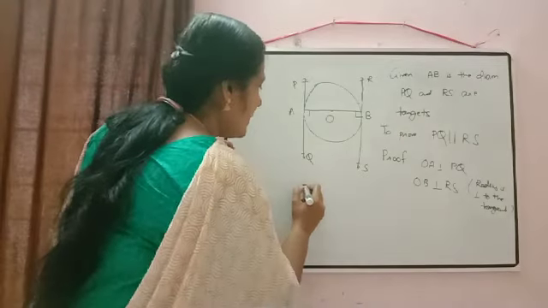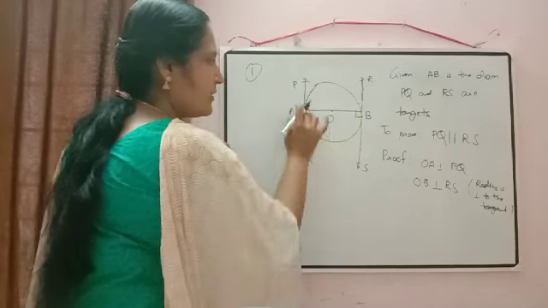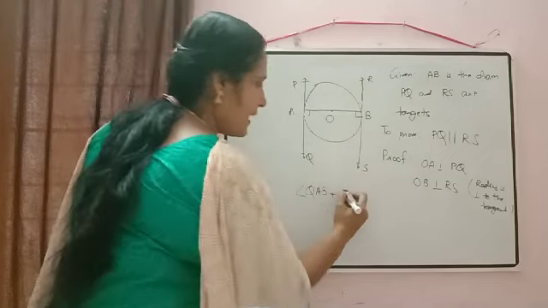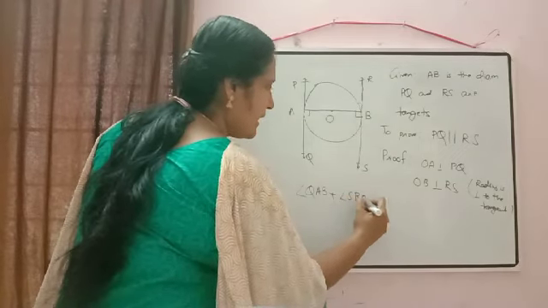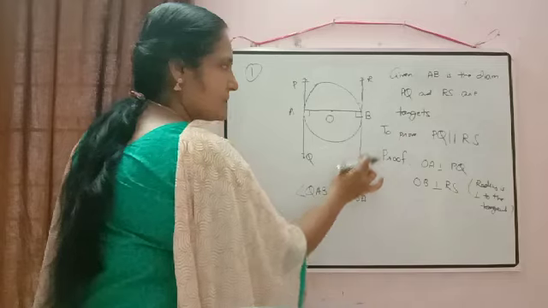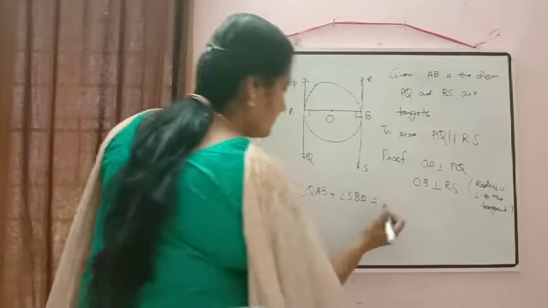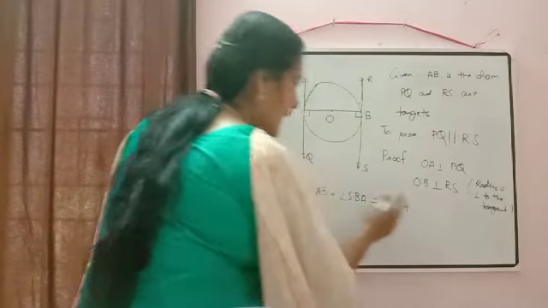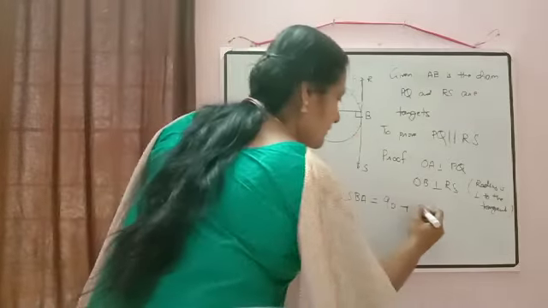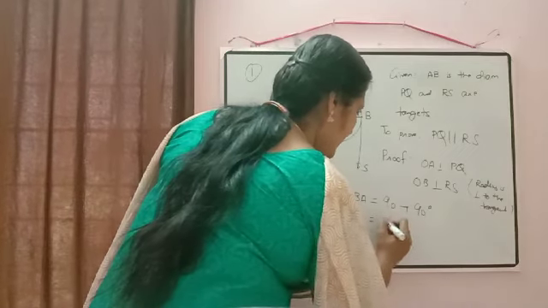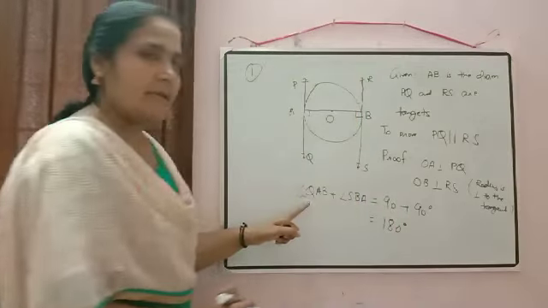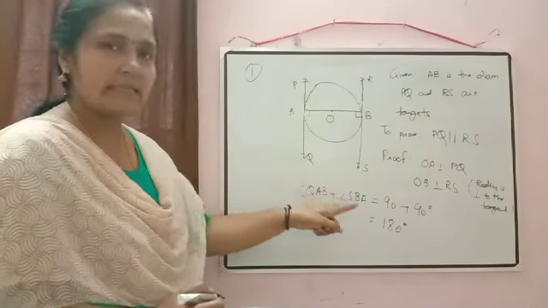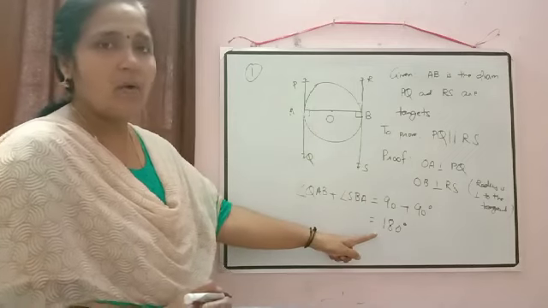Now write angle QAB plus angle SBA is equal to 90 degrees plus 90 degrees, which is equal to 180 degrees. So what we proved is that the sum of interior angles on the same side of the transversal is 180 degrees.